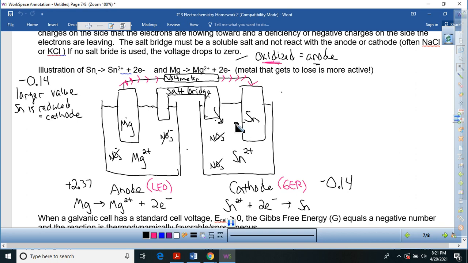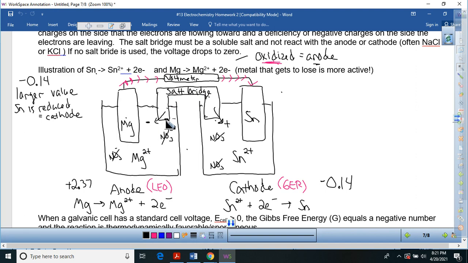So the positive ions will flow from the salt bridge onto the cathode side. And this side's losing negatives.